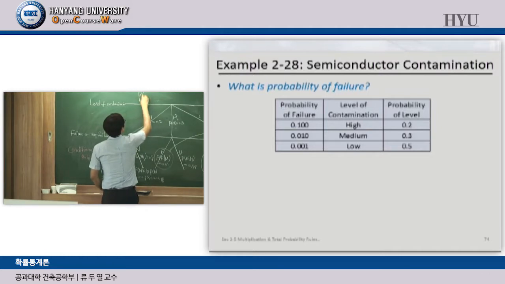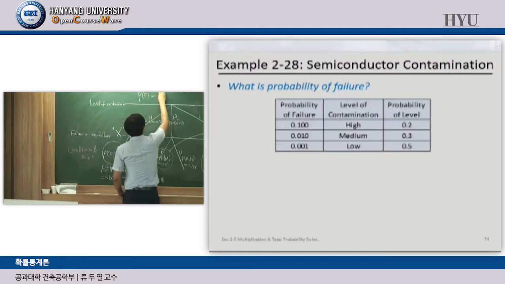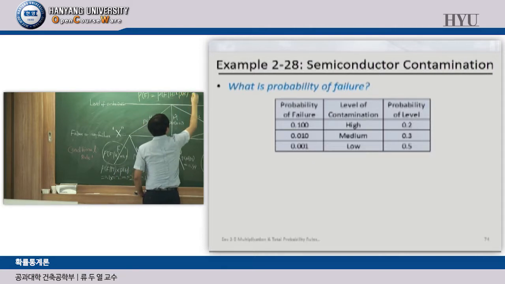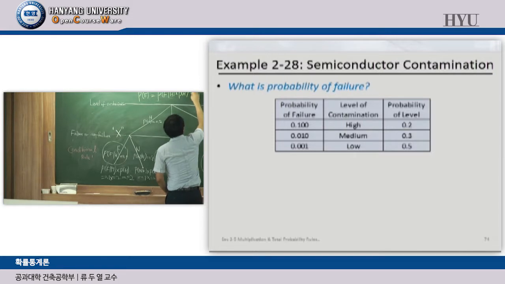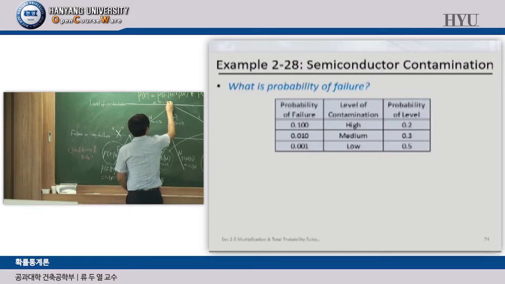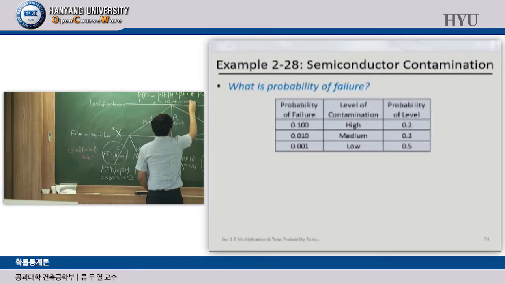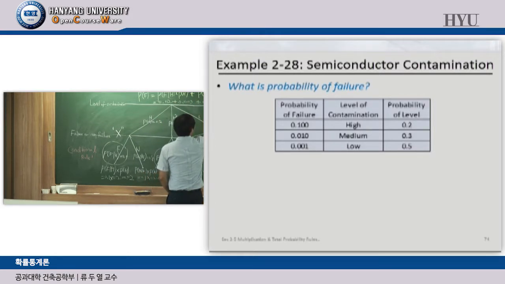So the probability of failure equals the conditional probability of F given H multiplied by the probability of H, plus the conditional probability of F given medium level of contamination multiplied by the probability of M, plus the conditional probability of F given L multiplied by the probability of L. So that equals 0.02 plus 0.003 plus 0.0005 equals 0.0235.